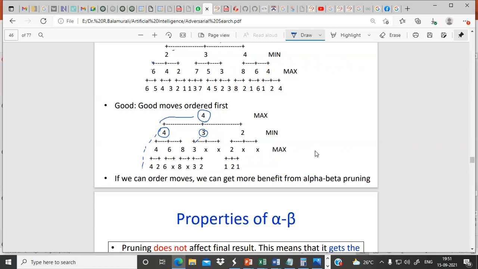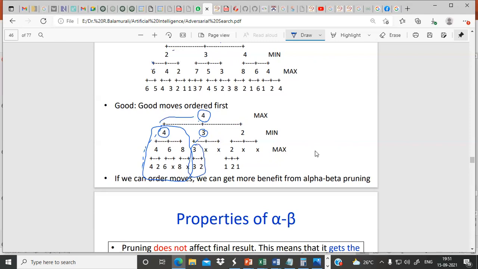For the first child of the root node, every child is explored. But for the second child, only the first child's entire branch will be explored.